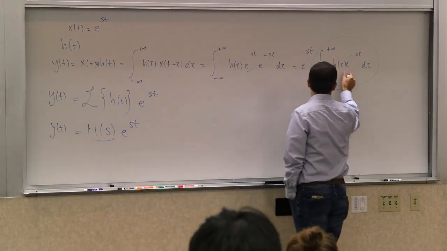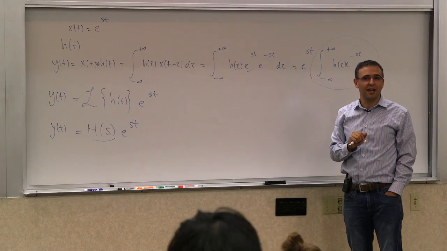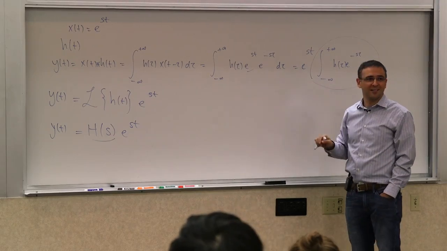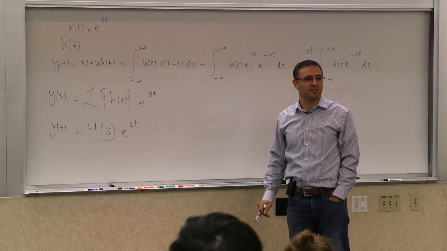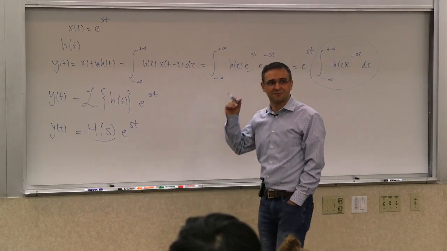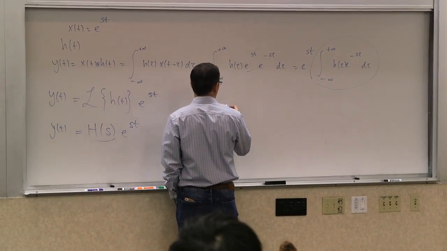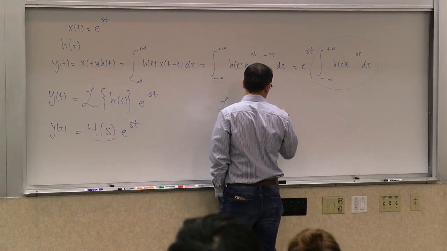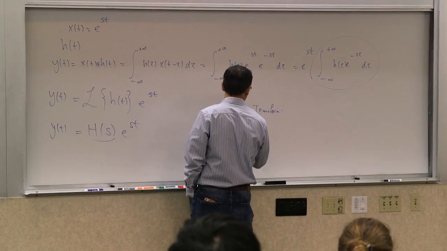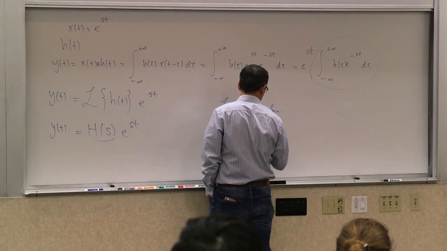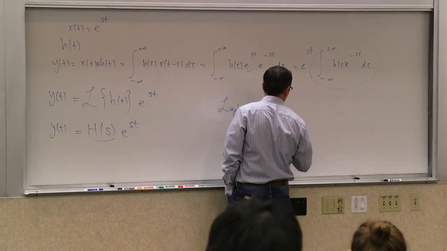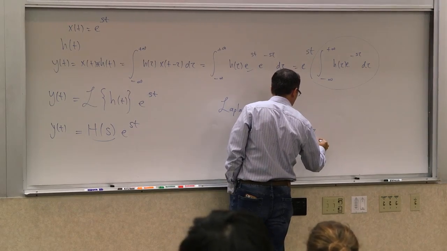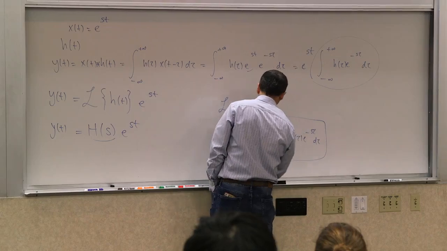This operation that we performed on the impulse response has a name. Does anyone know what this name is? What is this called? Laplace transform. That's what the Laplace transform is. That's it. So the Laplace transform is essentially defined as this.